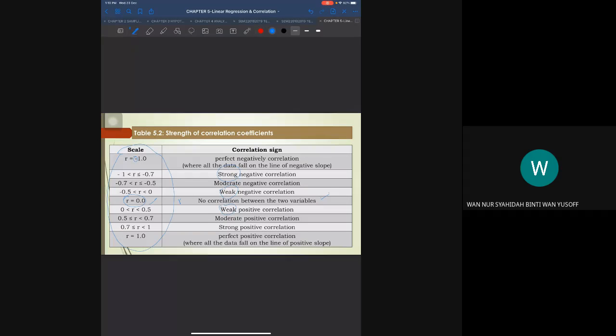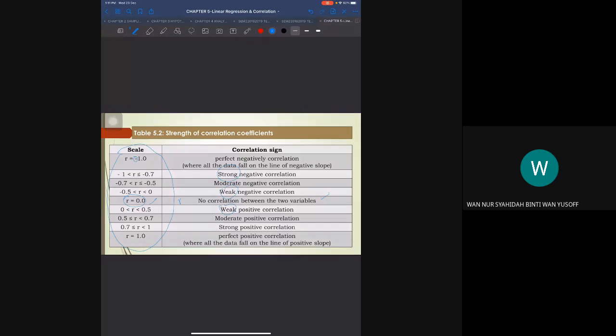There is no use for us to use that variable for our study. You have to discard that variable. When R equals 0, there is no use to construct the model based on those variables. So discard that variable, replace it with a new variable, and then check again whether it influences your Y or not.